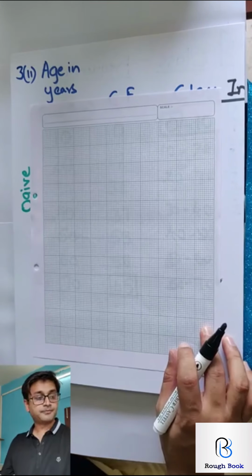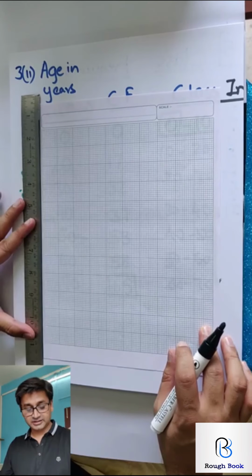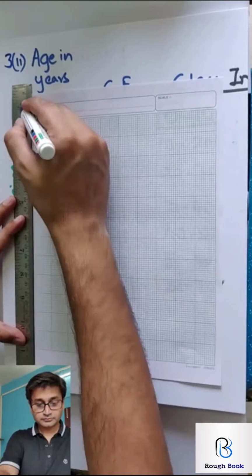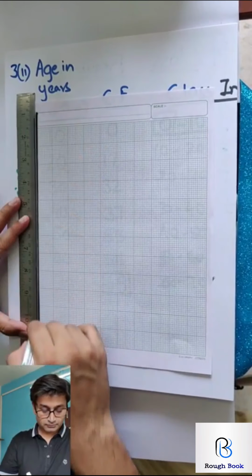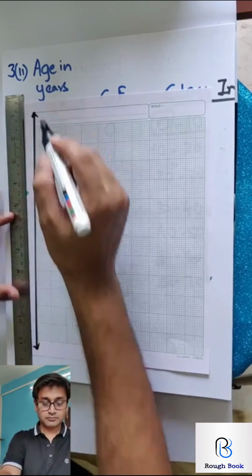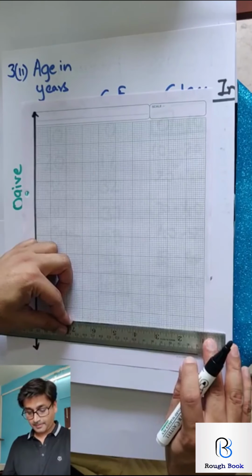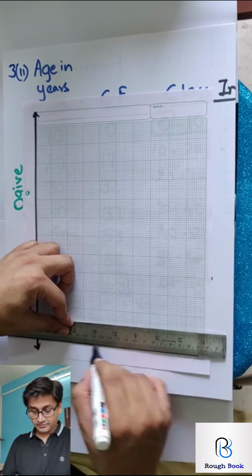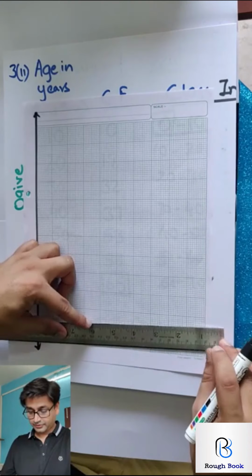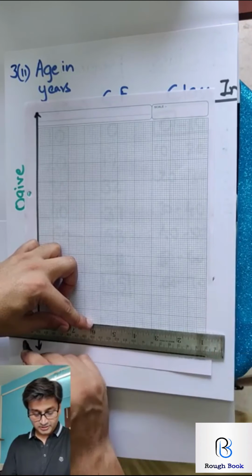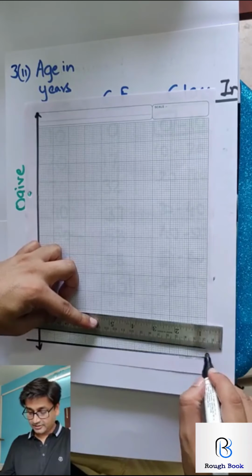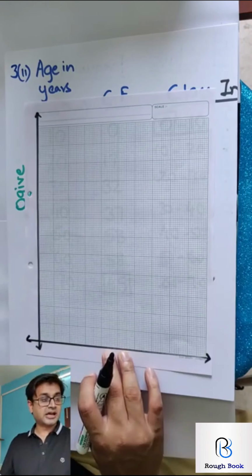Come on, everyone. Alright. So x-axis, y-axis. So that's my x and y being drawn. Oops, where is y? Disappeared. So x and y being drawn. Let's calibrate it.